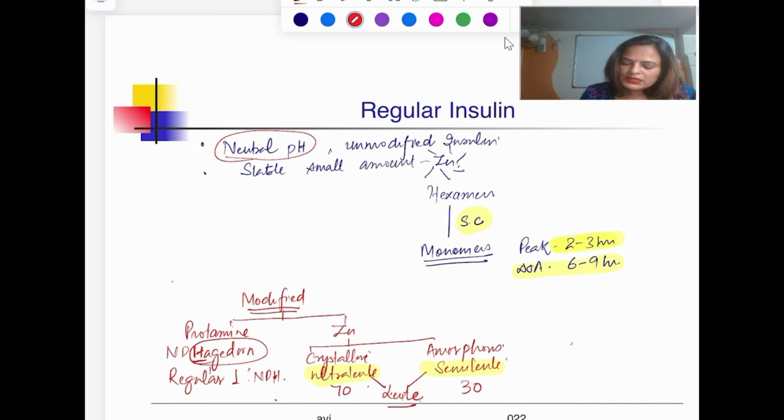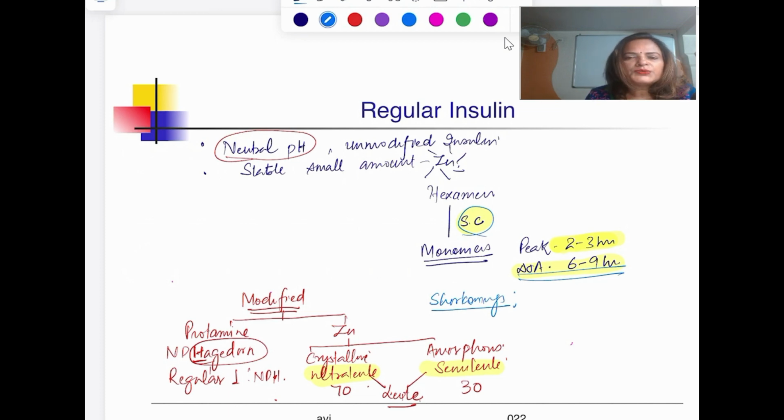But when we give regular insulin subcutaneously, what are the shortcomings? We have to take the meal 1 hour before, and it does not cover the interdigestive period, so we have the modified insulins.